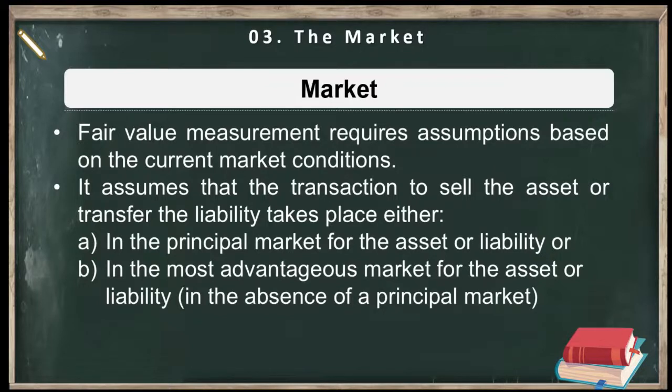Fair value measurement requires assumptions based on the current market conditions. It assumes that the transaction to sell the asset or transfer the liability takes place either in the principal market for the asset or liability or the most advantageous market for the asset or liability in case there's no principal market.